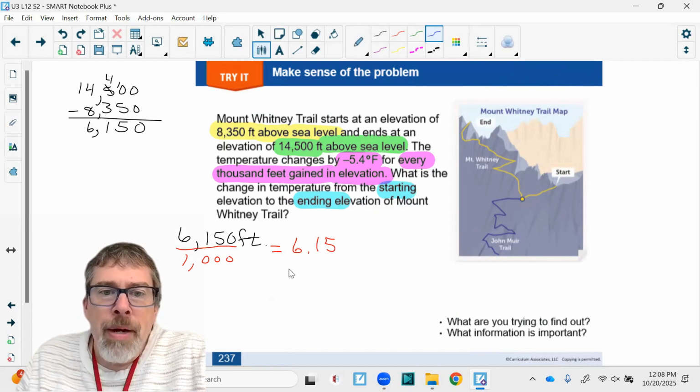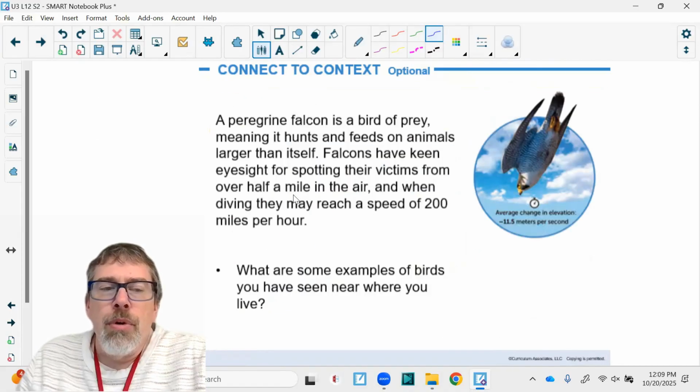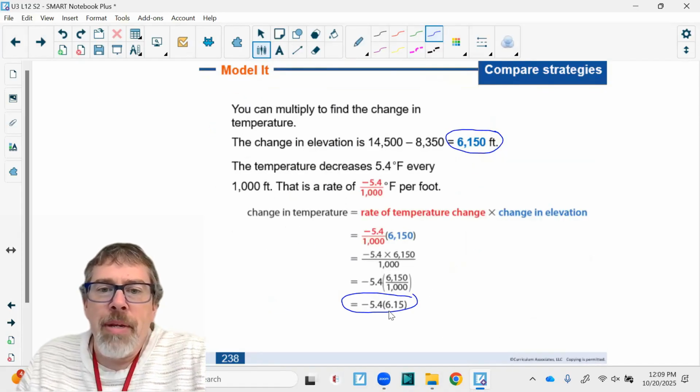So then we'd multiply it by a negative 5.4. So this is multiplication, okay? All right, so when we do that, we're going to get the same answer. And I could check it with my calculator.